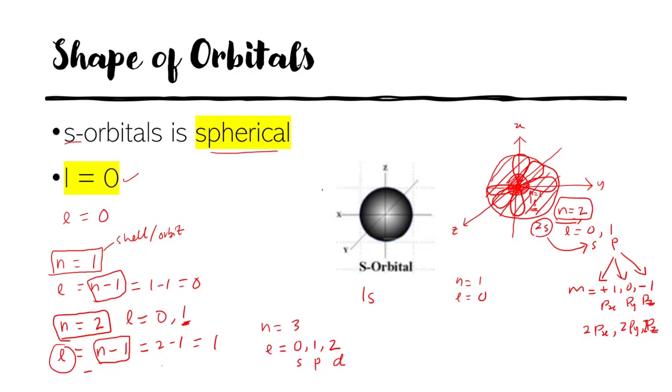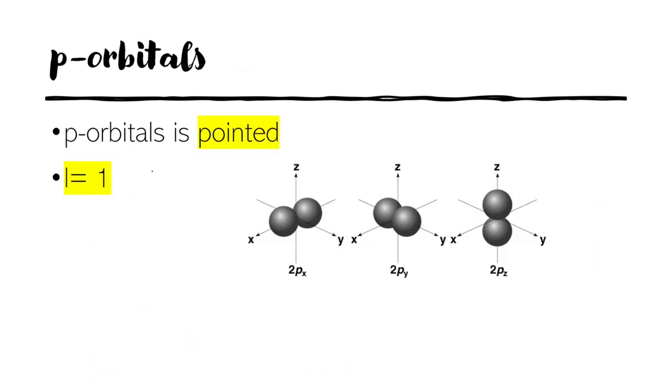We are going to learn about orbital P in the next slide. What I want to tell you is that S orbital is spherical shape, and it happens when L equals to 0. Orbital P is pointed, and you can find it when L equals to 1, as I told you earlier.